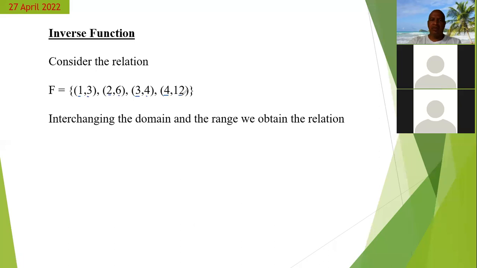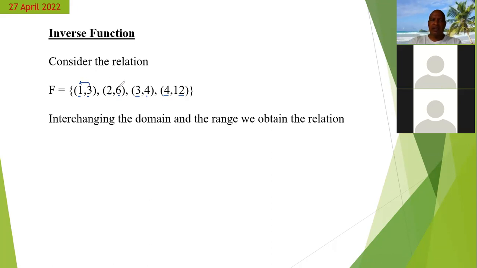Now, when you have an inverse function of f, if you plug in all of these range values, the ordered pairs just interchange. Where you would have 3, it would interchange with the 1.